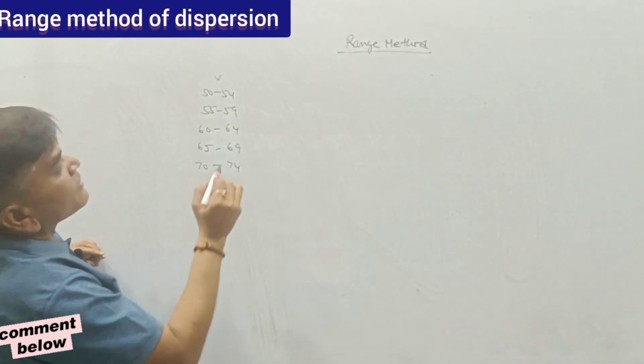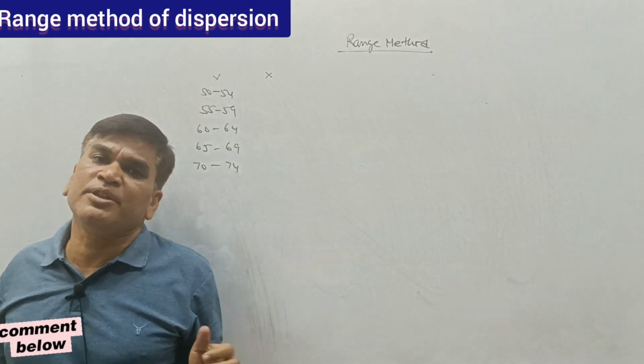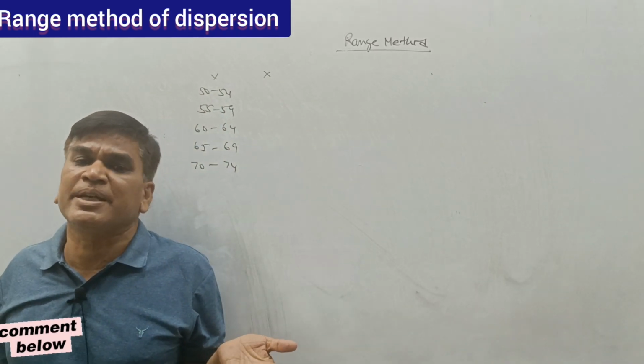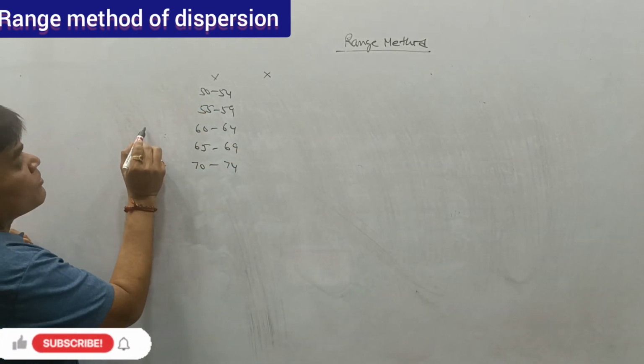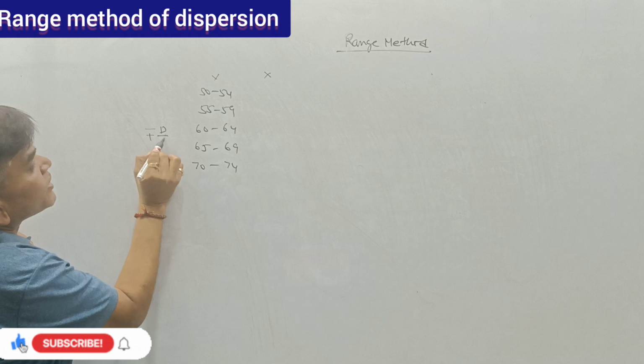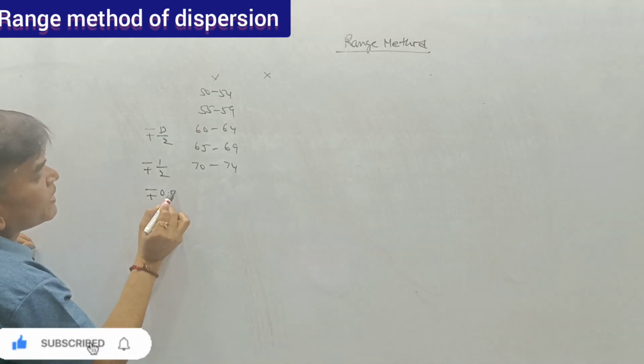This is an inclusive series, so we first have to change it into the exclusive mode. Here the difference is 1, so we subtract and add difference by 2, that is 1 by 2, 0.5.